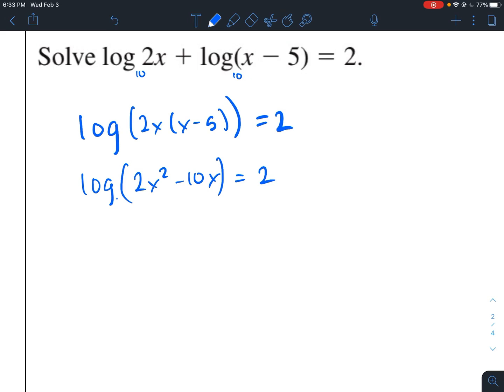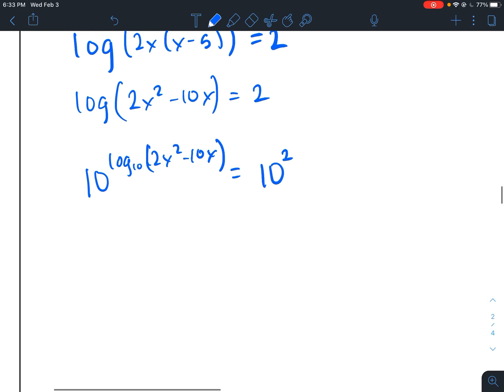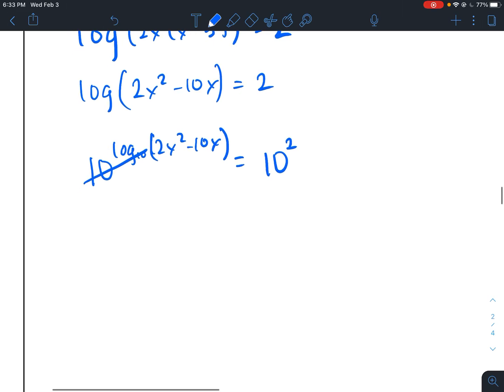Because this is base 10, I do 10 raised to the log base 10 of 2x squared minus 10x, equal to 10 squared, since I use a base of 10 on the other side too. On the left side, these are inverse operations, so they cancel. I'm left with 2x squared minus 10x equal to 100.